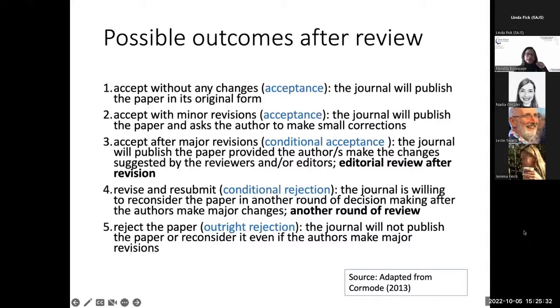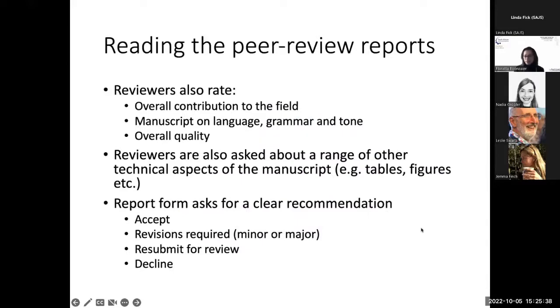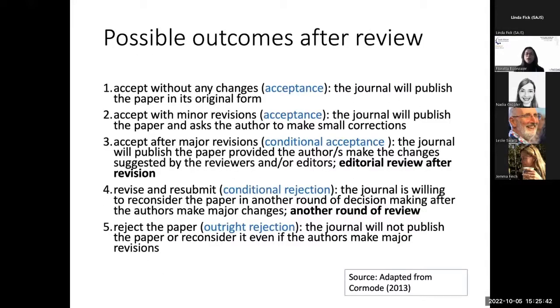The second one is accept with minor revisions, and this is a good outcome, right? The journal has accepted the paper and will publish, but it's asking you to make some small revisions, and these could be revisions suggested by the reviewers, or by the editor, or all of them. The third is a conditional acceptance.